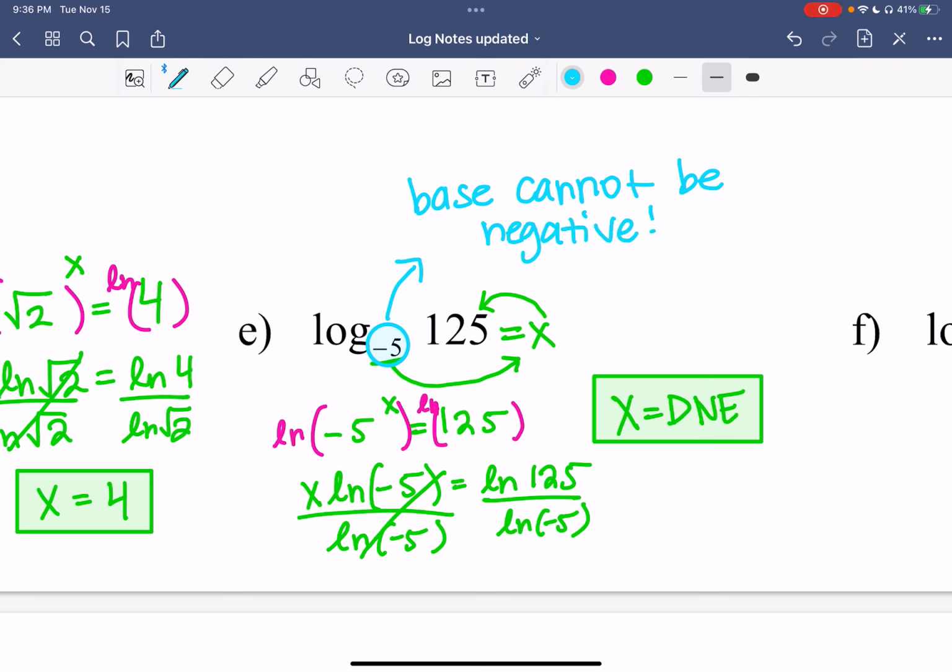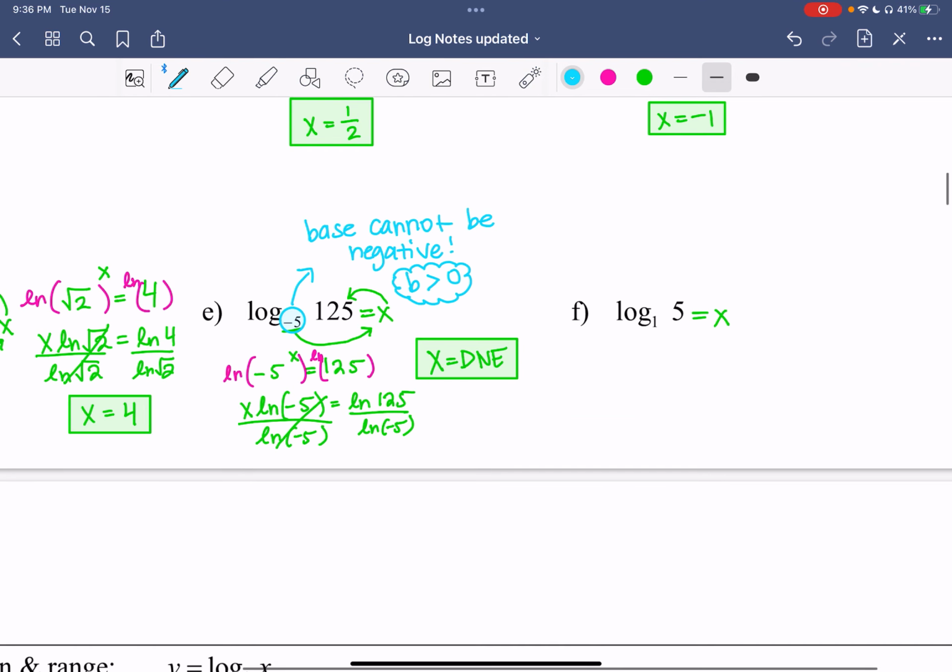Okay, so the base has to be greater than 0. Let me write it as just b. So b greater than 0. It also can't be 0, so it has to be greater than 0. So it can't be 0 and it can't be negative. It has to be a positive number.